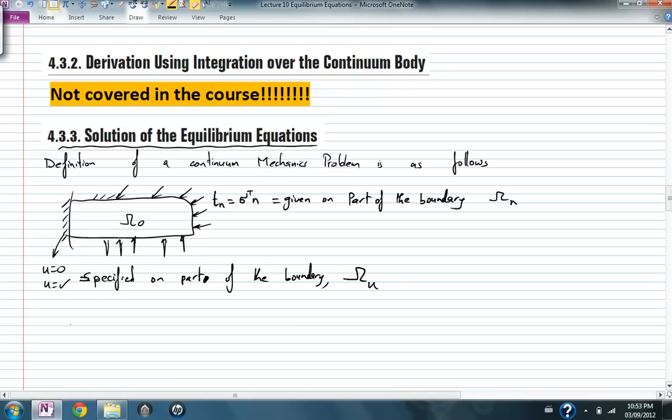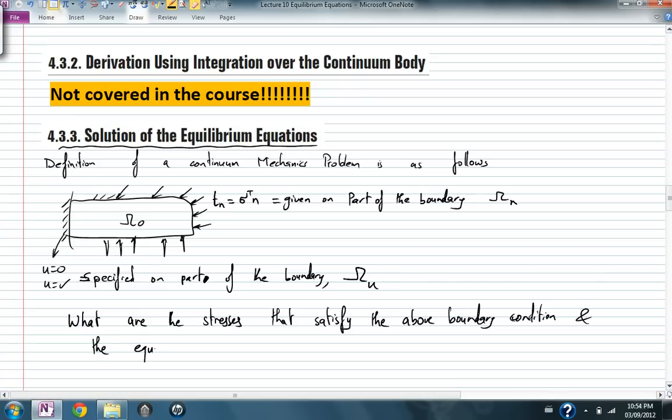And what are the stresses that satisfy the above boundary conditions and the equilibrium equations at every point?